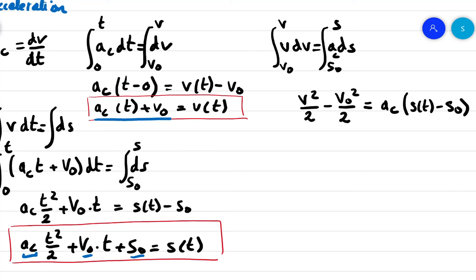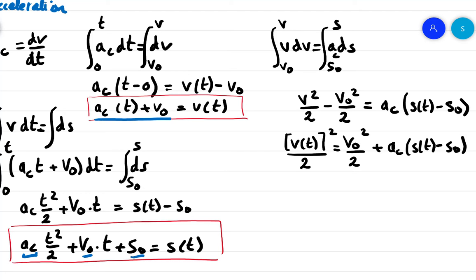So we can rewrite this. This one is v of t, this one is a function. So we have v of t squared divided by 2 equals, I want to write it the same way, v naught squared divided by 2 plus a_C times s of t minus s naught. And I will switch the 2, so we have v of t squared equals v naught squared plus 2 times a_C times s of t minus s naught.